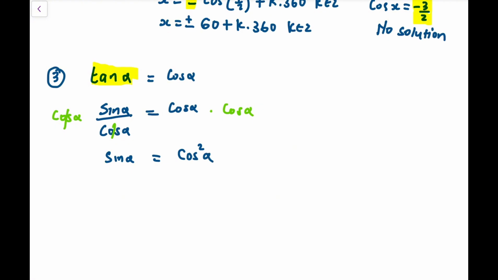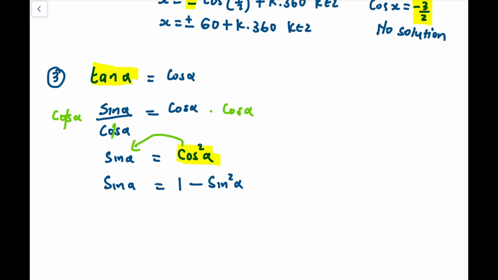Now again, if you check here, we have an identity again. We can change this cos squared alpha so that it matches this sine alpha, because there is nothing we can do with this sine alpha. So we can write this as sine alpha is equal to 1 minus sine squared alpha. Now again, we can write this in a standard form.